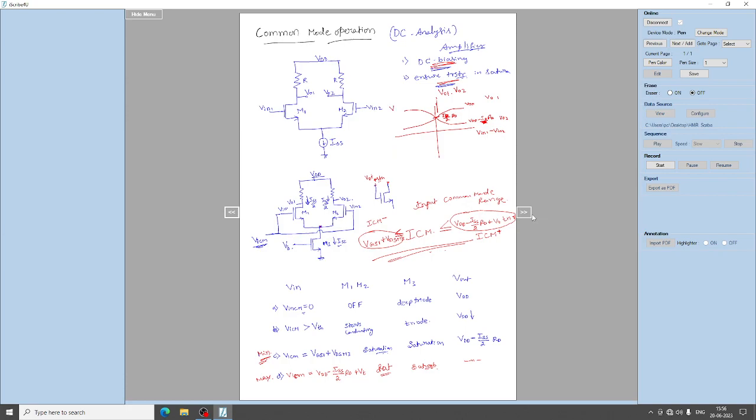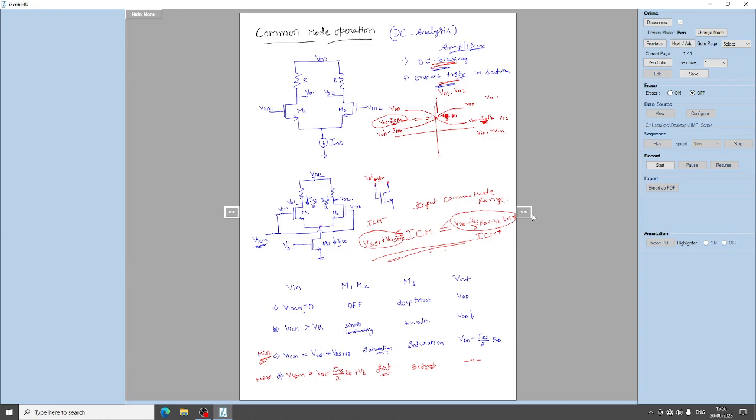So the output varies from VDD to VDD minus ID RD, and the DC reference is VDD minus ID by 2 into RD. This is the DC range you come across.